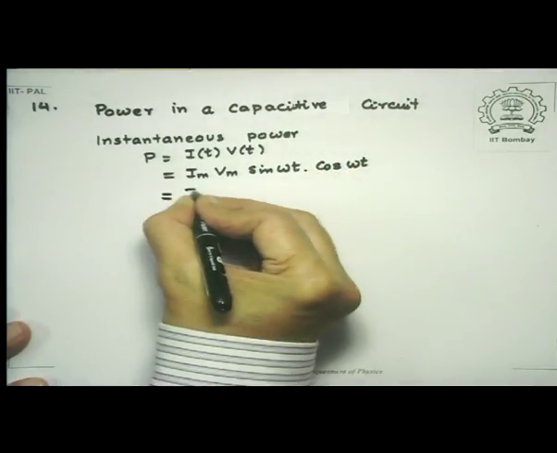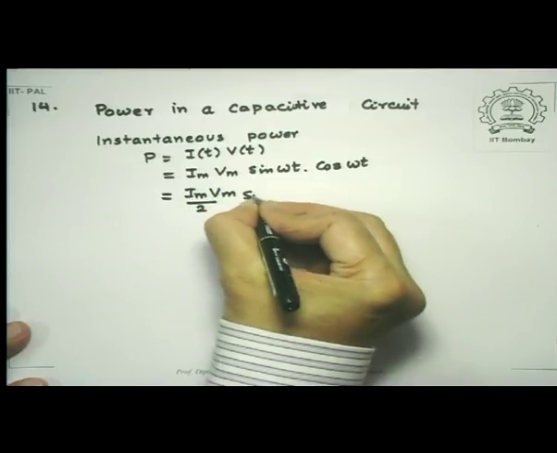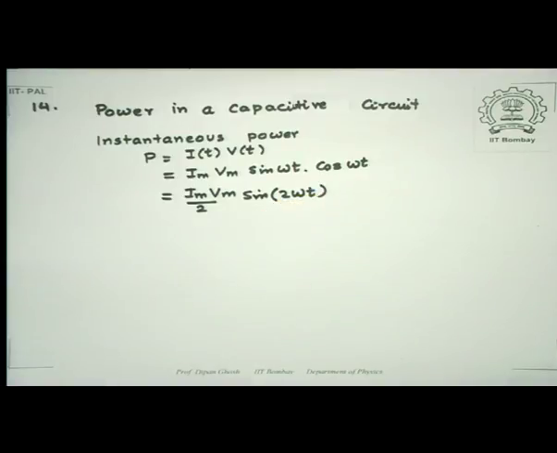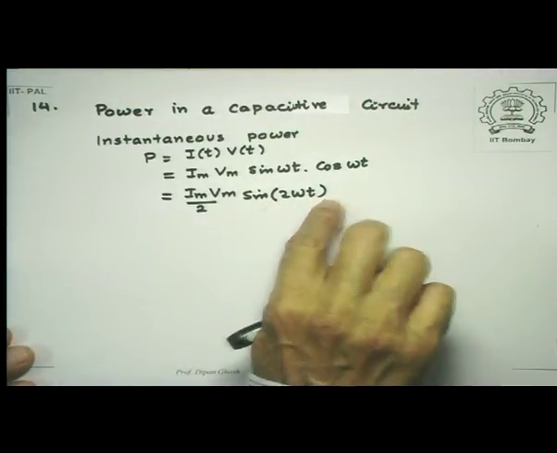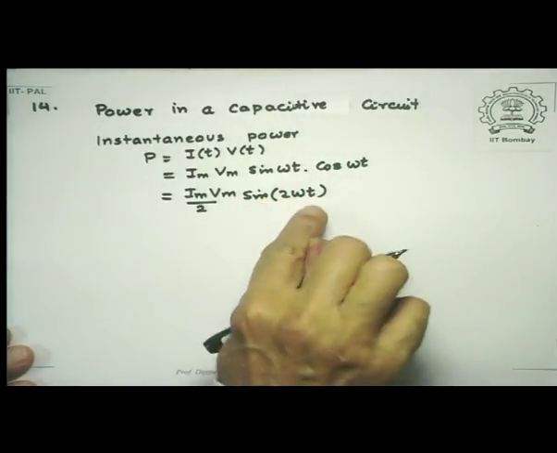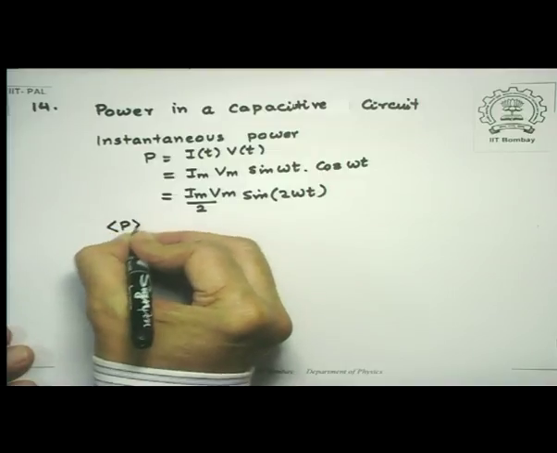So that's equal to Im Vm by 2 times sine 2 omega t. So my average power is 0, because we had said in the first lecture that averages of things like sine omega t, sine 2 omega t, etc. is 0. So my average power is 0.